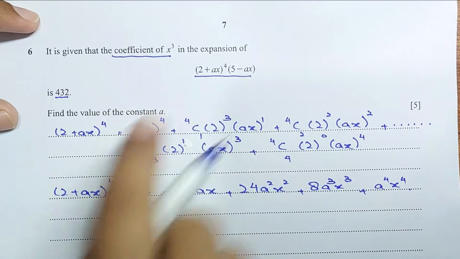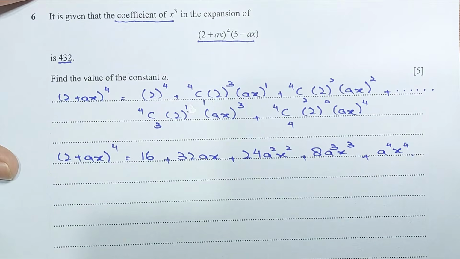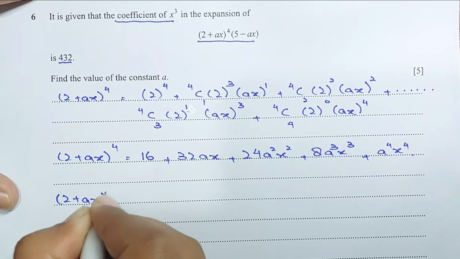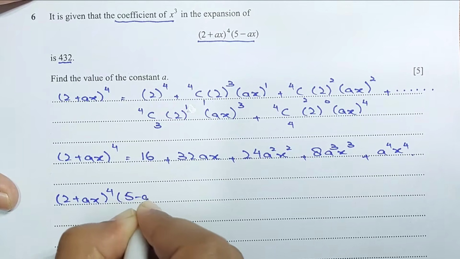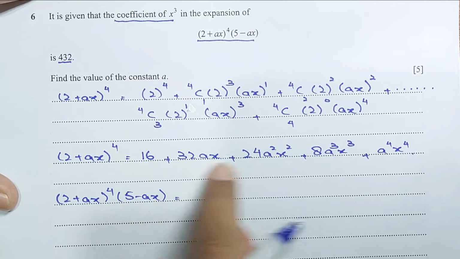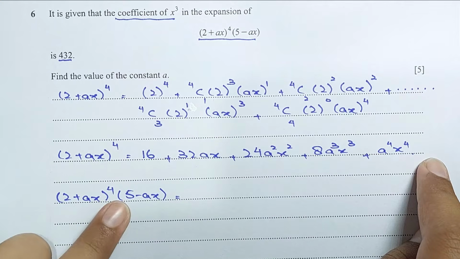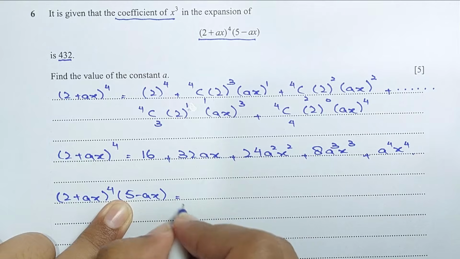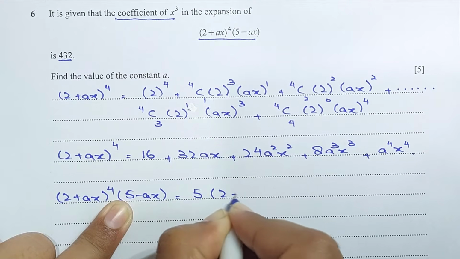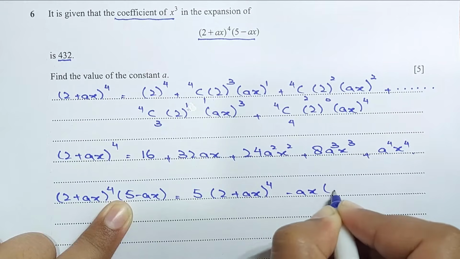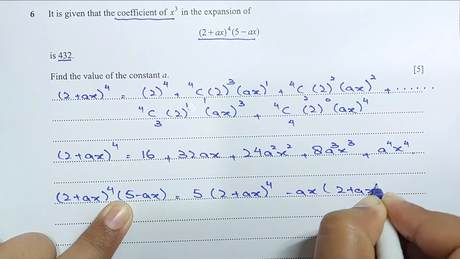Now let me do its product with 5 minus ax, right? So first we have to multiply throughout with 5, but there is no need to do the whole distribution. Let's just work on the coefficient of x cube. 5 is multiplying with (2 plus ax) to the power 4, and minus ax is multiplying with (2 plus ax) to the power of 4.